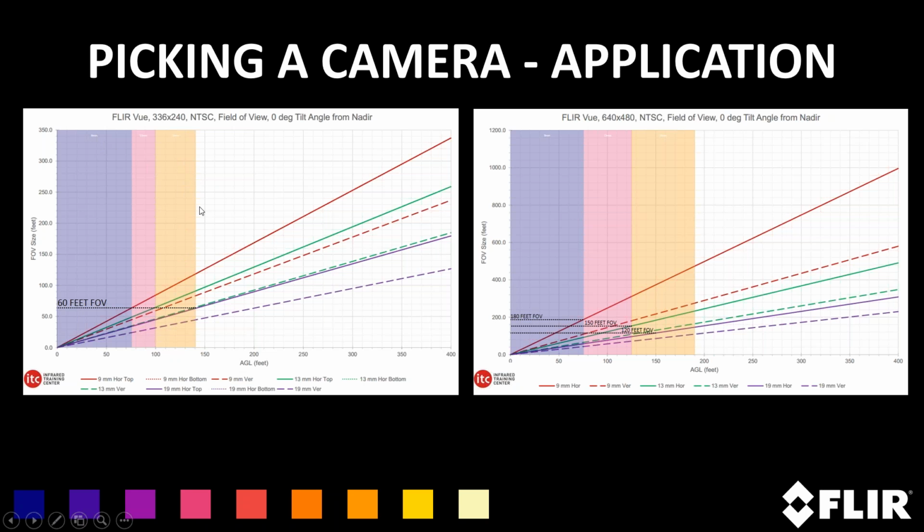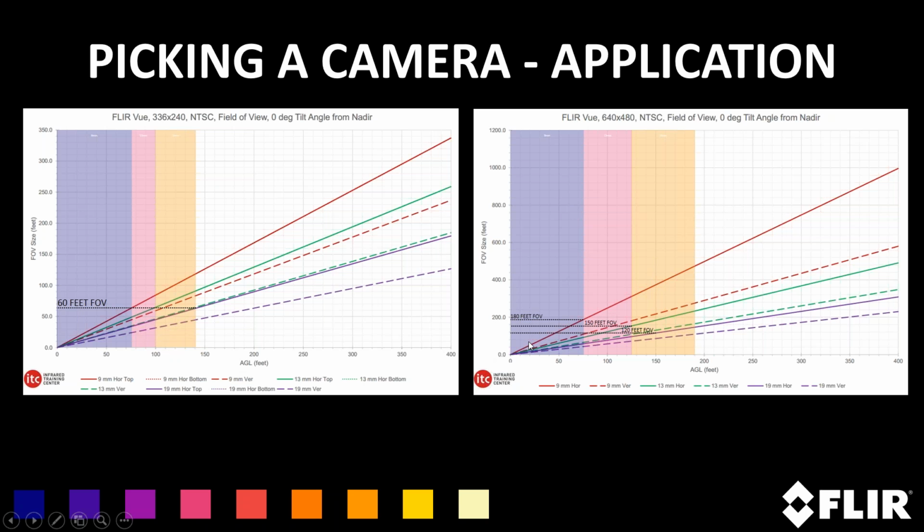So for the orange here, the highest that you could fly on a 336 looking straight down is about 140 feet, and that gives you the range that you would be able to get as far as field of view. Generally, at its maximum of each lens, you're able to get about 60 feet field of view for each lens. So that means that if you're trying to cover thousands of feet in looking for this object, it will take you more passes than it would for a higher resolution lens, or if you're looking at an angle.